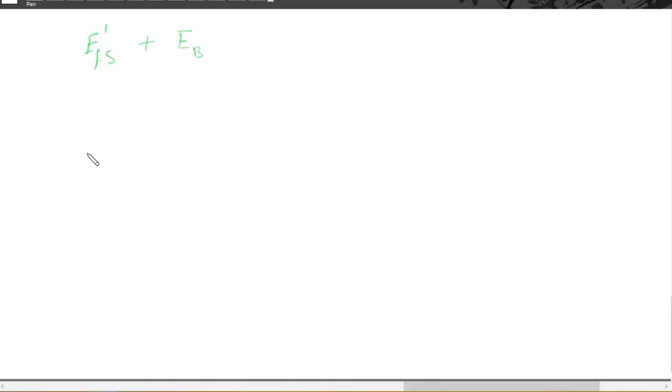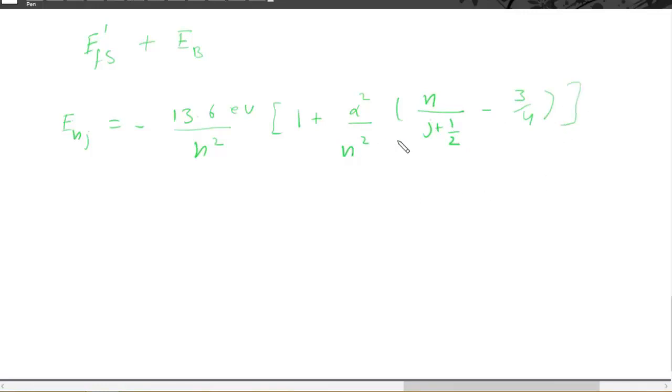Okay, and then we can get the total energy for the hydrogen atom, Enj, is equal to minus 13.6 electron volt divided by n squared, and then 1 plus alpha squared divided by n squared, and n divided by j plus half, minus 3 divided by 4. Okay, this is the total energy for the hydrogen atom.